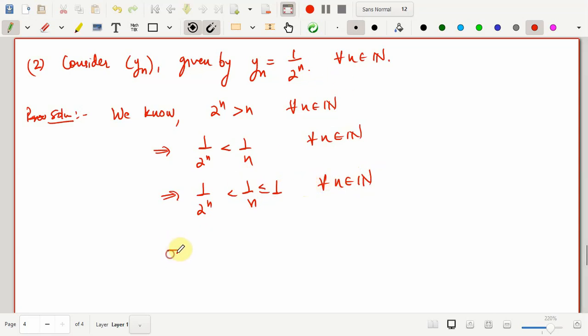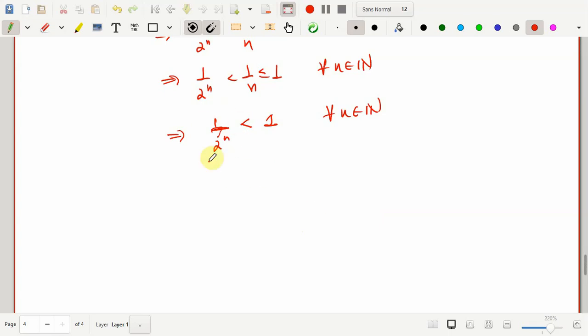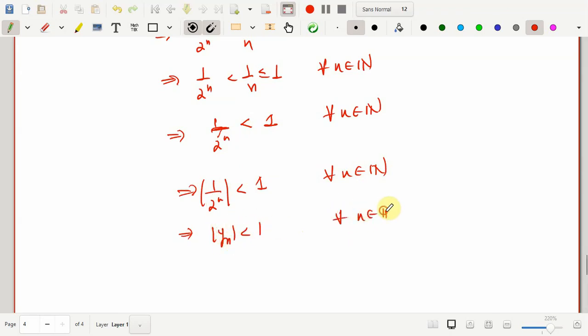Since we know that 1 by 2 raised to n is positive, I'll write this down first. From here I have the relation 1 by 2 raised to n is strictly less than 1 for each n belongs to N. And now since each term 1 by 2 raised to n is positive, we can simply write mod of 1 by 2 raised to n is less than 1 for each n belongs to N. This says that mod of yn is less than 1 for each n belongs to N, and this proves that the sequence yn is bounded and the bound for it is 1.